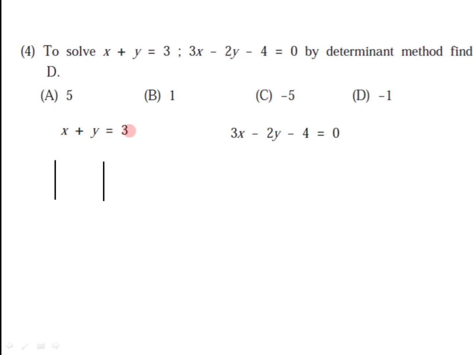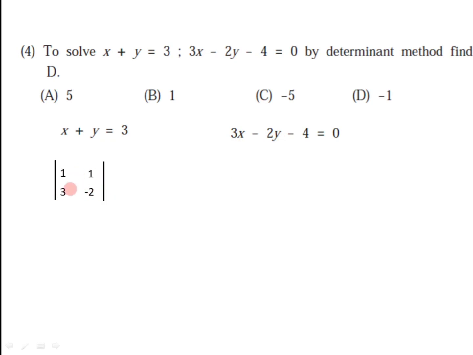For the first equation, the coefficient of x is 1 and the coefficient of y is also 1. So in the first row, we have 1, 1. In the second row, we write the coefficients of x and y in the second equation. For the second equation, the coefficient of x is 3 and the coefficient of y is minus 2. So in the second row, we write 3, minus 2.